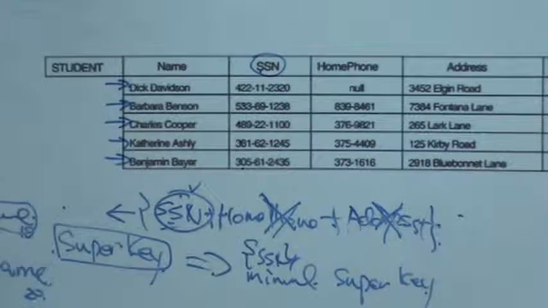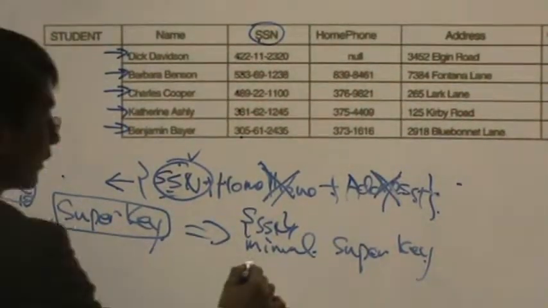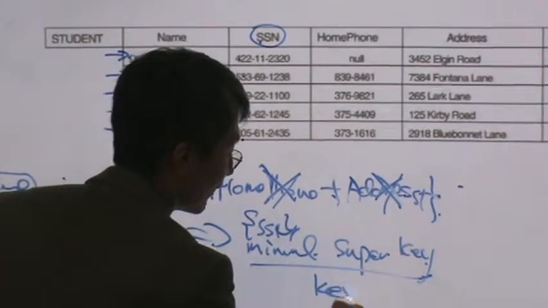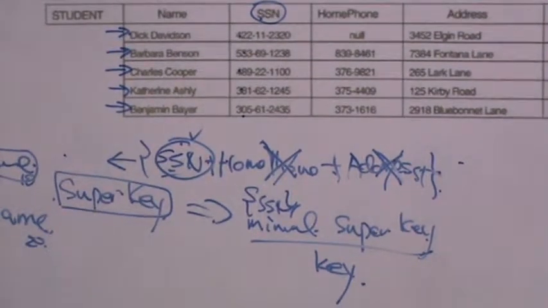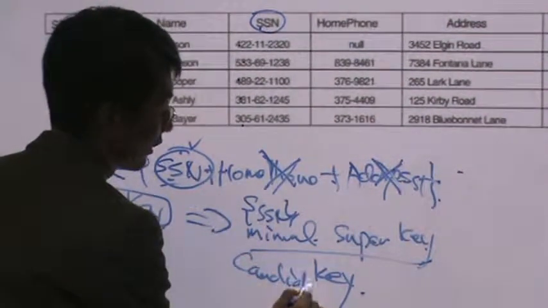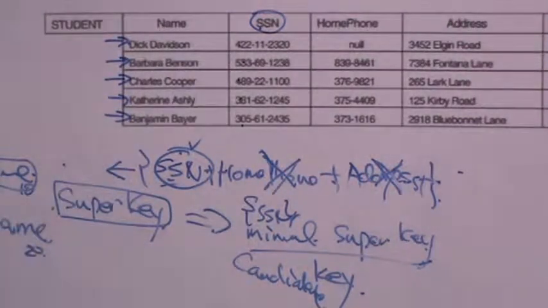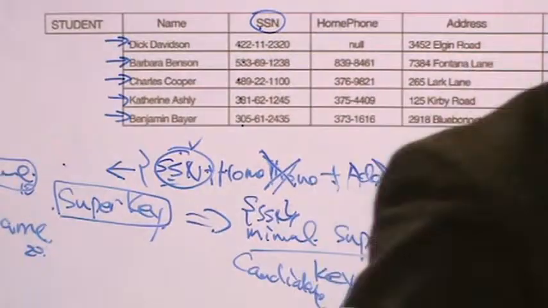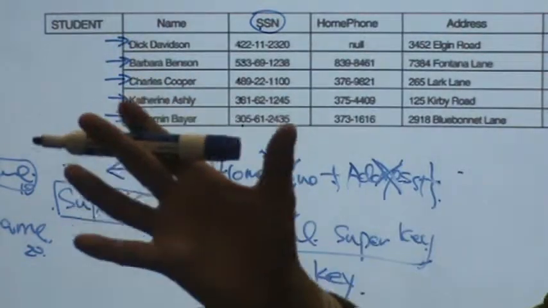Okay? So from the set of super keys, we can identify minimal super keys, which are also called candidate keys. They are candidates. They are not keys yet.